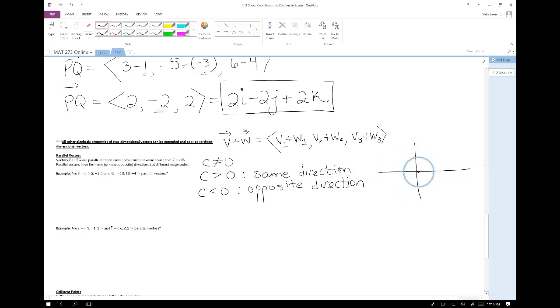So if I have a vector that points into quadrant 1, and then I create negative 2v, you see that these fall on the exact same line. So we technically can still call them parallel. Let me just call that negative v.